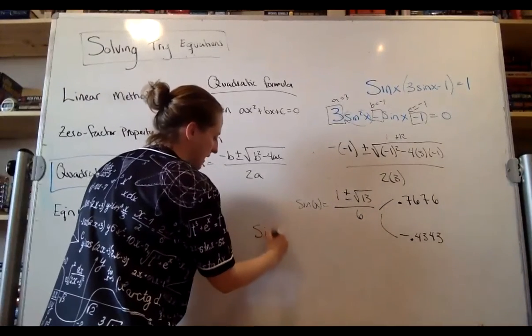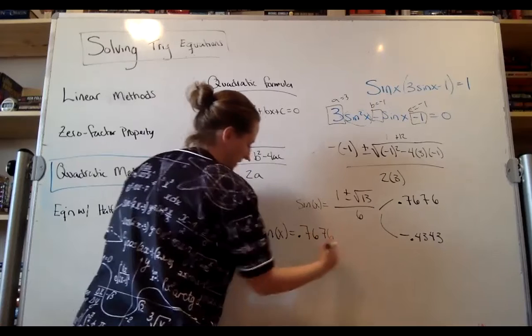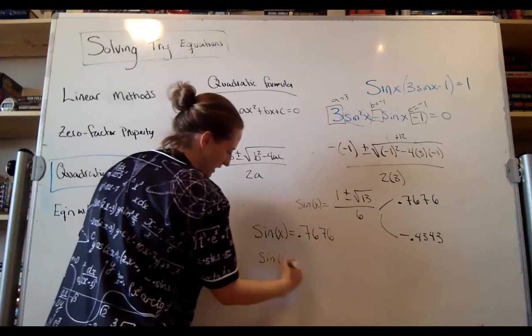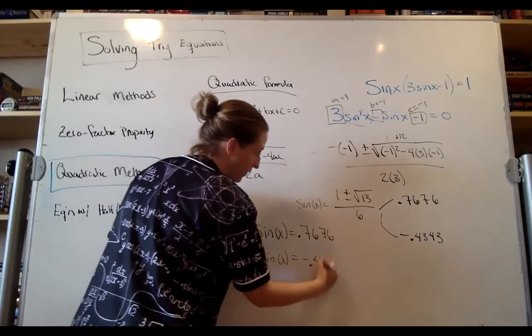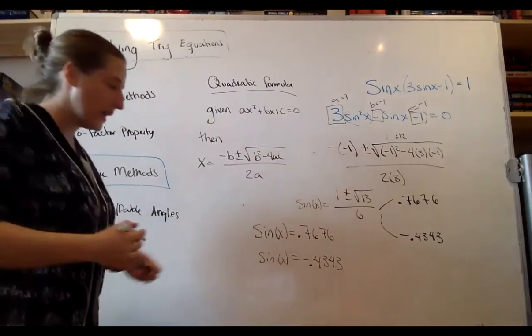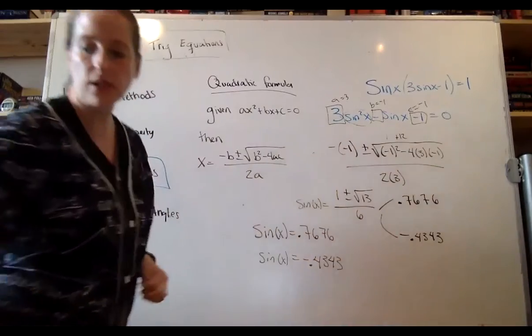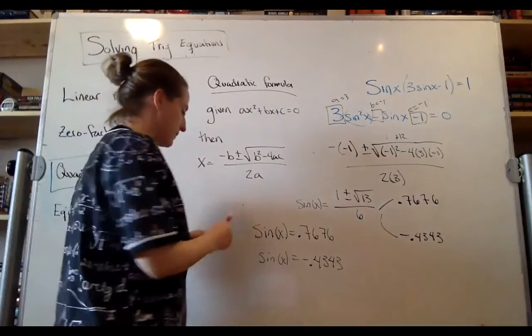Okay, so now I'm really solving 2 things. I have that sine of x equals 0.7676, and I have that sine of x equals negative 0.4343. I'm going to use our calculator to find the inverse of each of these. In other words, I'm going to take arc sine or inverse sine of both sides of this equation.